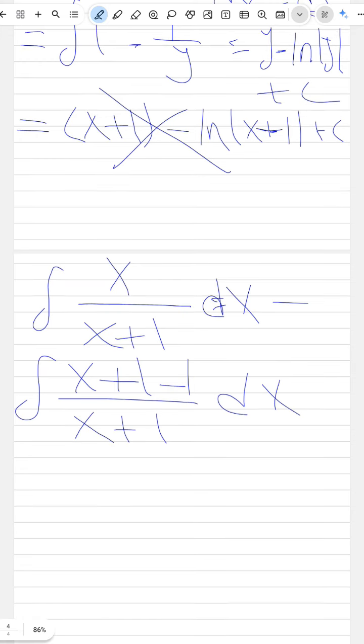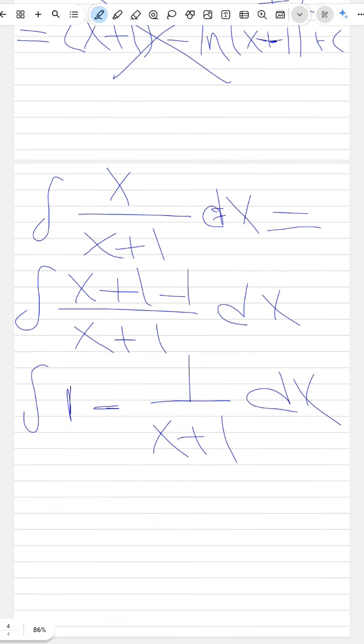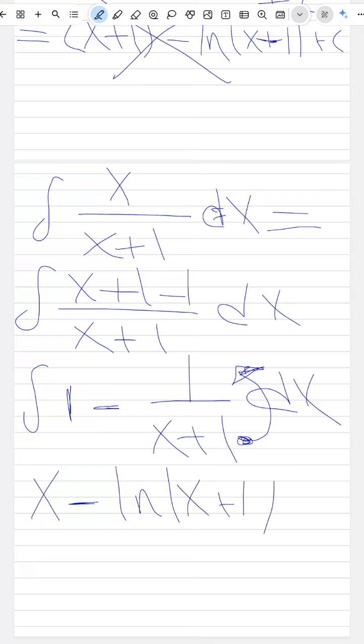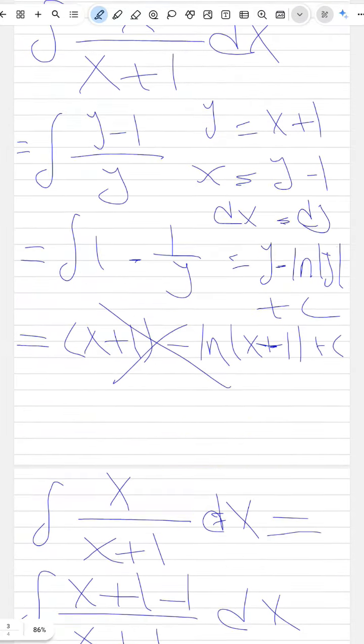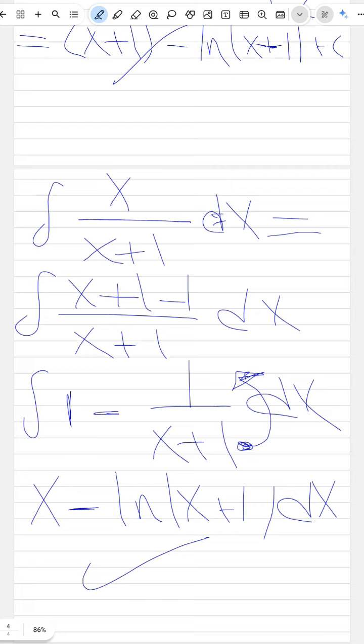By making this 1 minus 1 over x plus 1 dx, the answer will be x minus ln absolute value of x plus 1, because the numerator is the derivative of the denominator. It's not equal to the answer above, but this is the correct answer, and the other is the wrong answer.